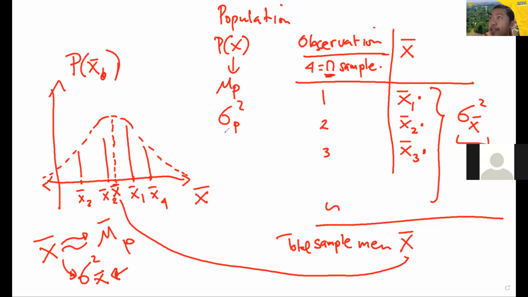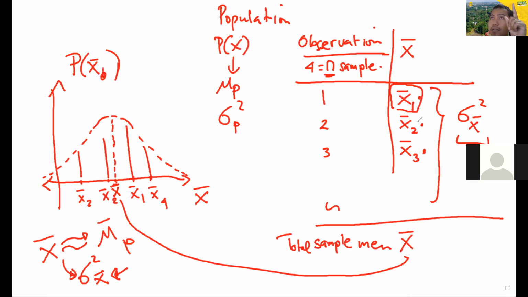Jadi allow me to explain in Bahasa a bit, ya. Jadi ketika kita mengambil sampel, kita akan melakukan observasi kan, pengambilan data. Misal sekali observasi Anda mempunyai 4 data, nah karena 4 data, setiap observasi kita bakal mempunyai satu rata-rata sampel. Semakin banyak observasinya, maka rata-rata sampelnya makin banyak kan.